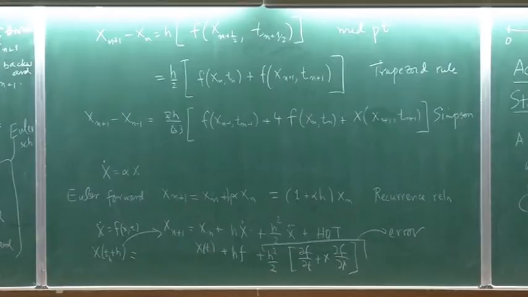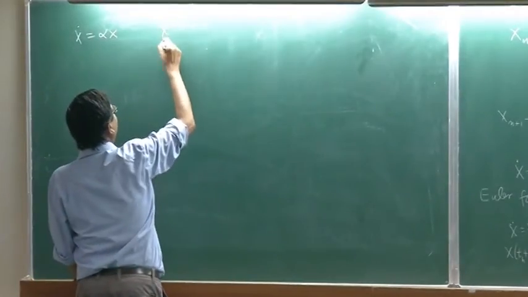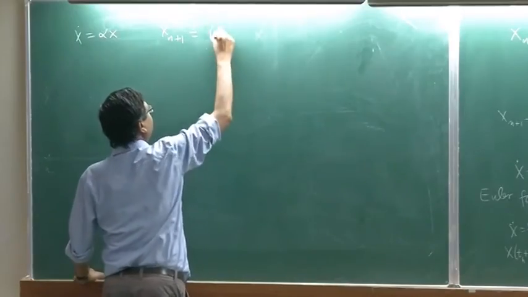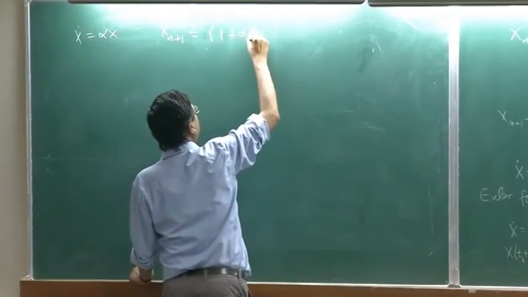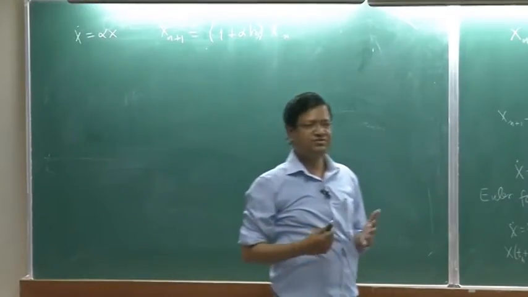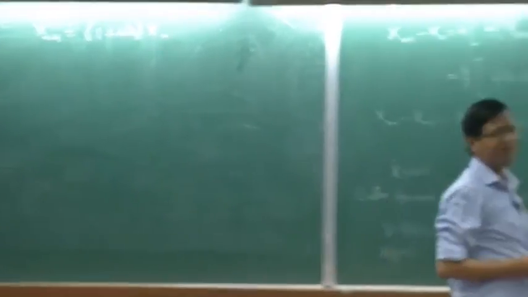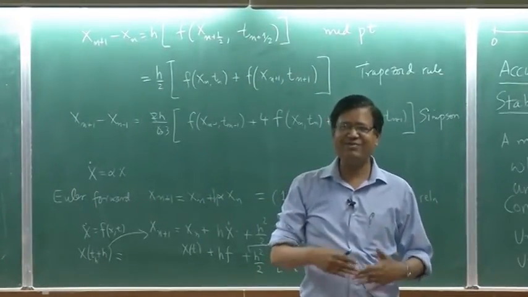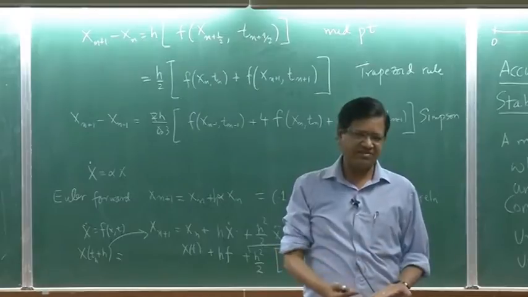I showed that my equation is x(n+1) is, so the stability for a scheme. I am talking about the Euler forward scheme. Every scheme will have this analysis.